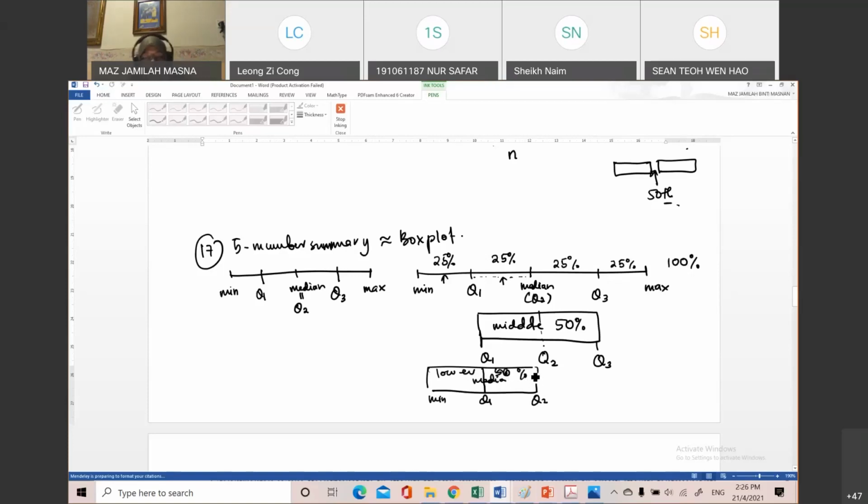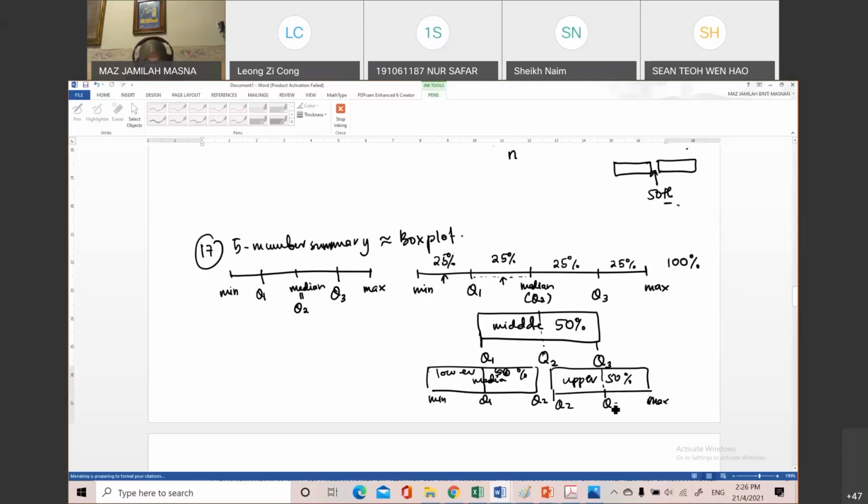You can also say about your upper 50% of your data, whereby it is from your Q2 until your maximum value, and your median is your Q3.